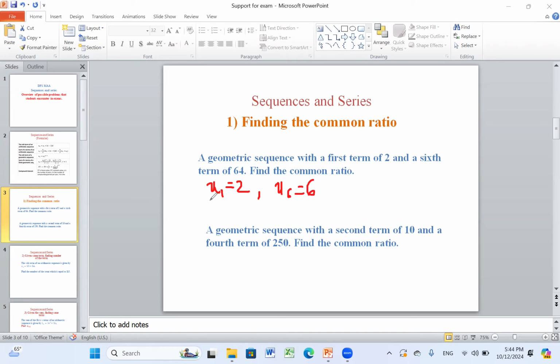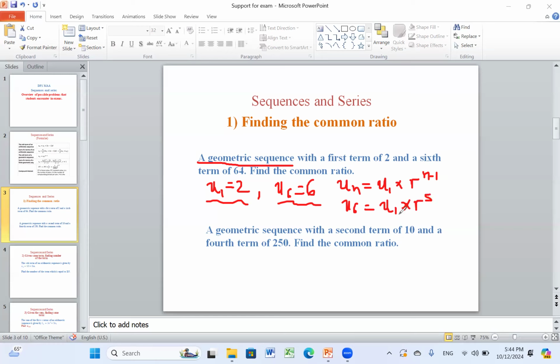Well, we are given the first term, and we know the formula. For any term n in a geometric sequence, Un is equal to U1 times ratio to power n minus 1. So actually we have U6 here. In this case, U6 will be equal to U1 times ratio to power 5.